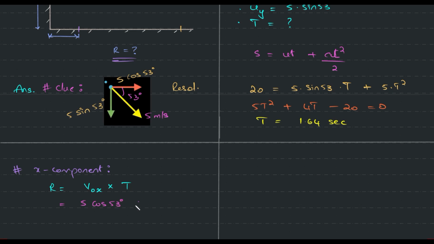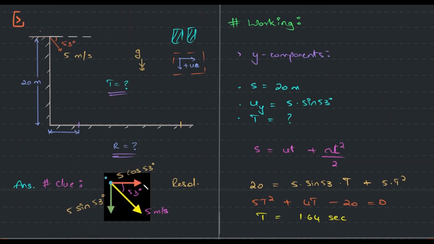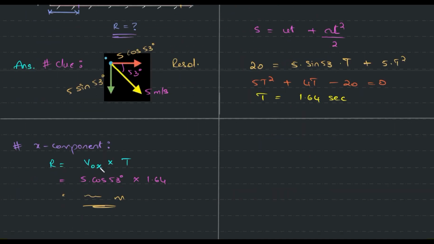So this is 0.8 into 1.64, and so on and so forth. So whatever this answer is, so many meters. That's it. Okay. So again, here there is no acceleration, so it's simple time into speed formula. Distance is equal to time into speed.